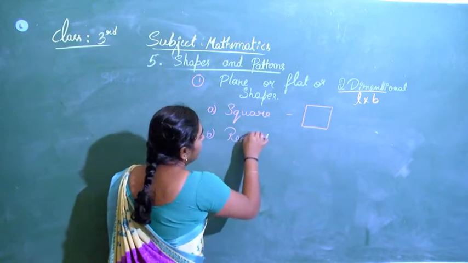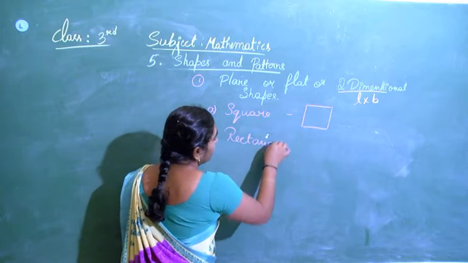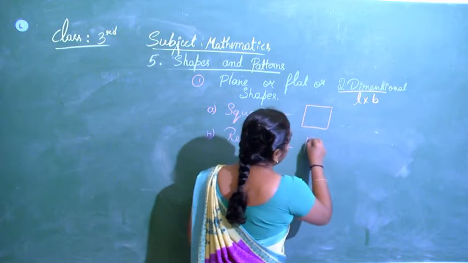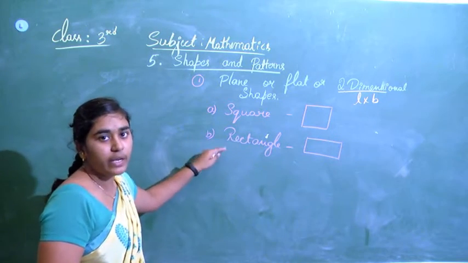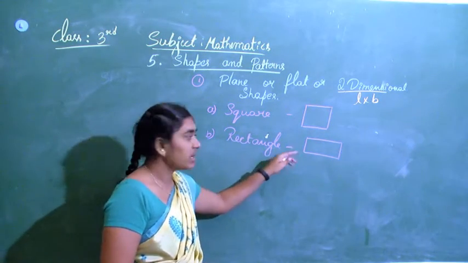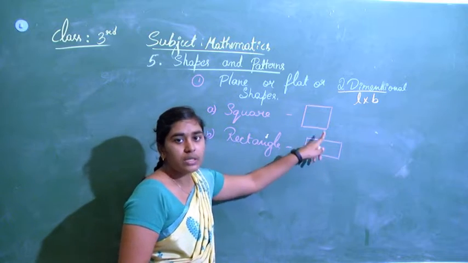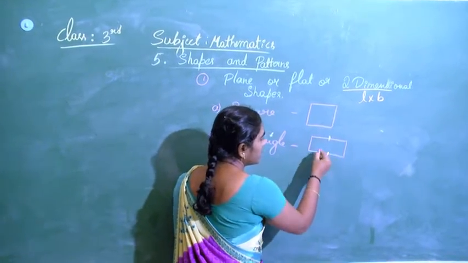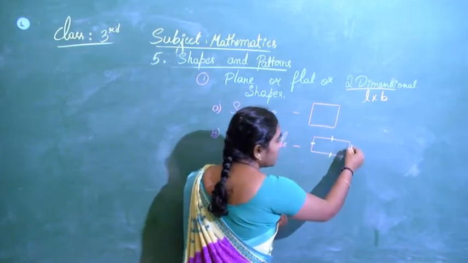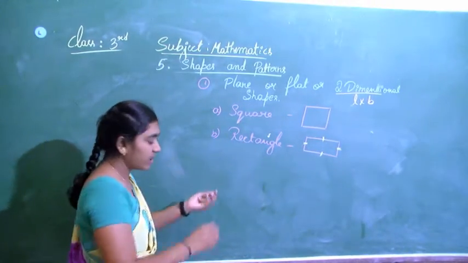The second one is rectangle. Rectangle looks like this, and rectangle also has 4 sides, 4 corners, and here only opposite sides are equal. Opposite sides means this and this, and this and this. Opposite sides are equal.